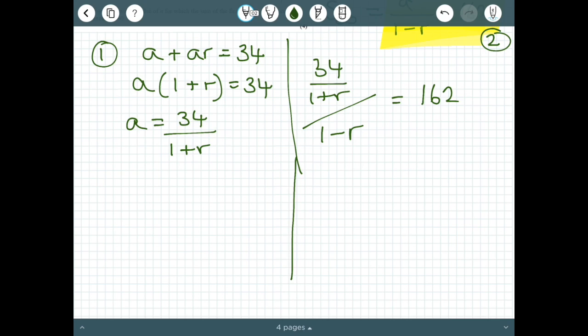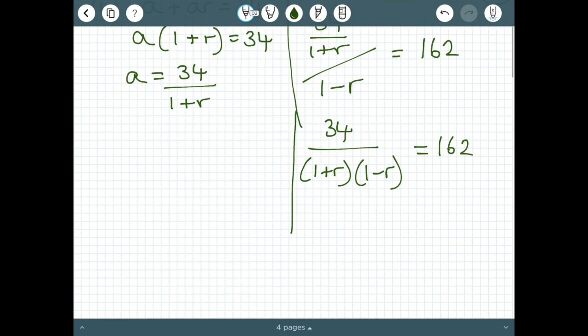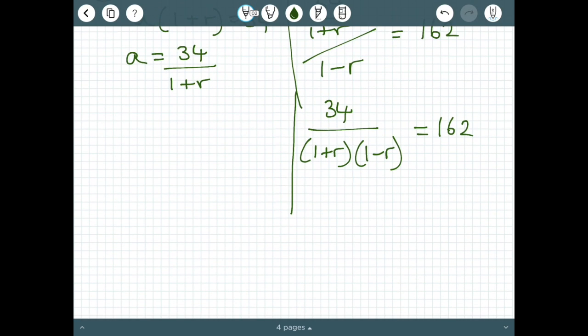So you're going to end up with 34 over (1 plus r)(1 minus r) is equal to 162, which we can rewrite as 34 over 1 minus r squared, which is equal to 162. Notice that I've expanded here.